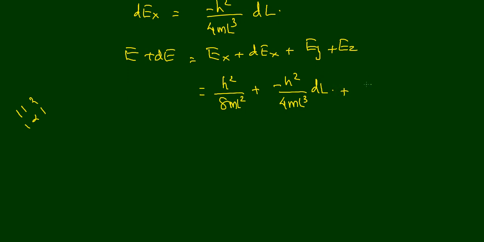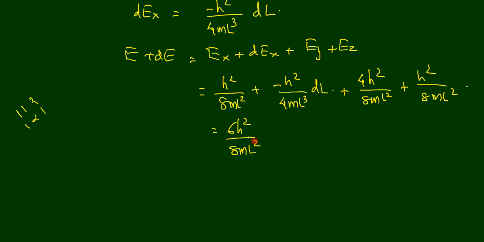That is 4 h square divided by 8 ml square plus h square divided by 8 ml square. Okay, so this is the new energy value. So we have h square divided by 8 ml square plus 4h square divided by 8 ml square plus h square divided by 8 ml square, that is equal to 6h square divided by 8 ml square.